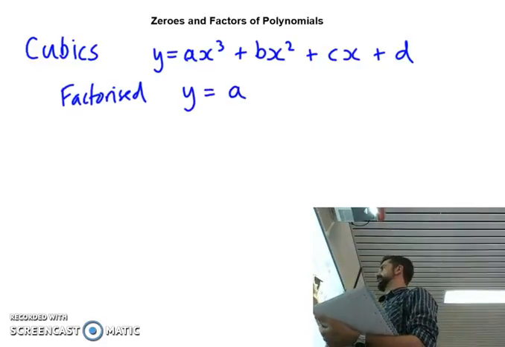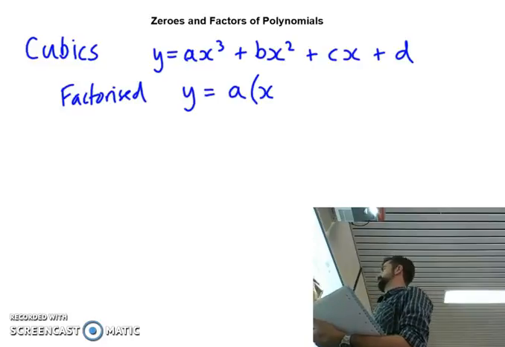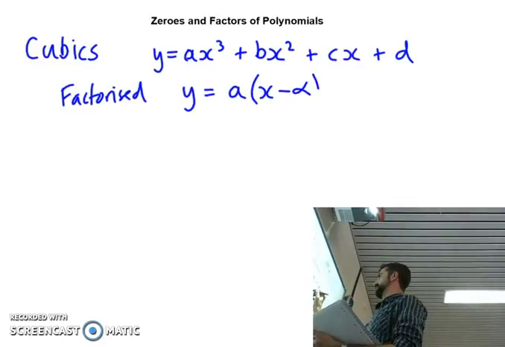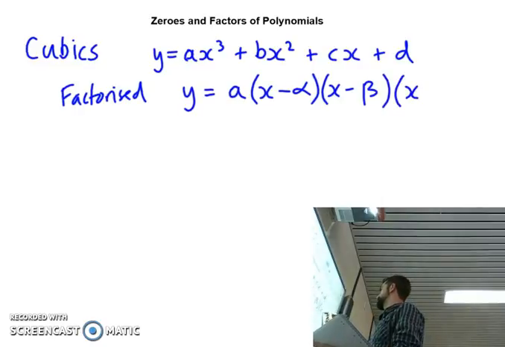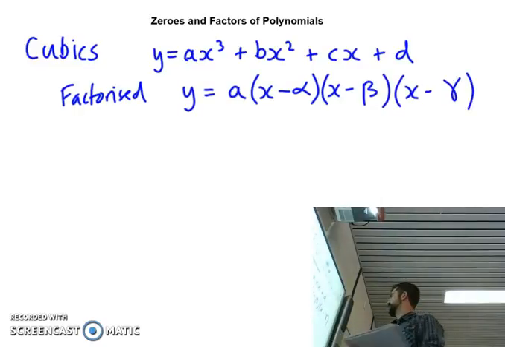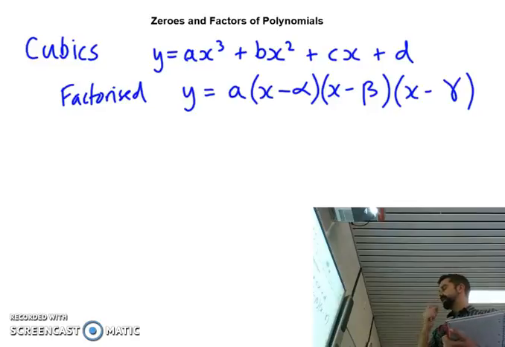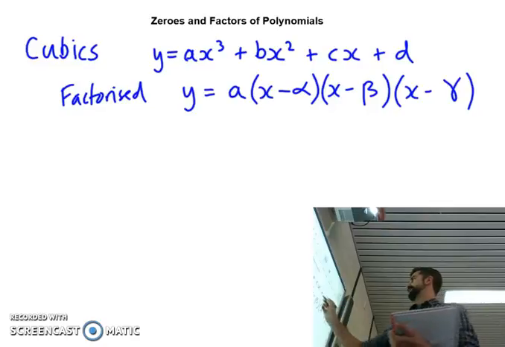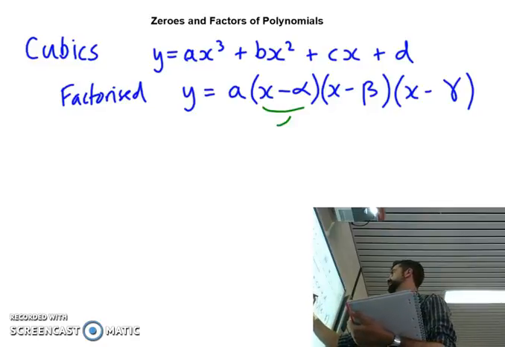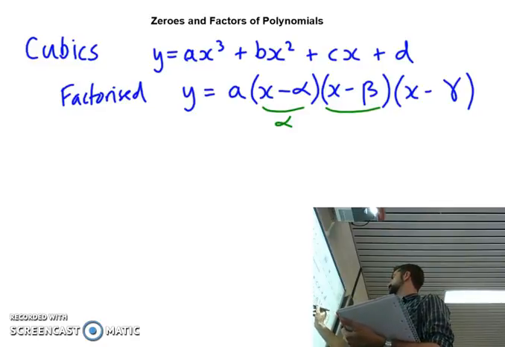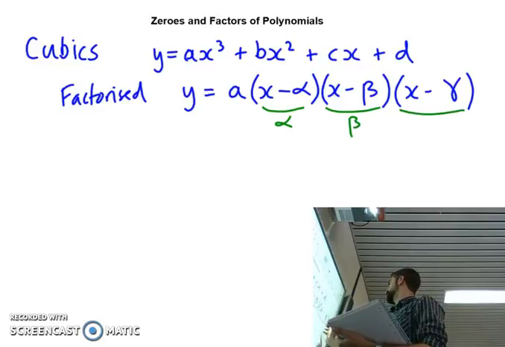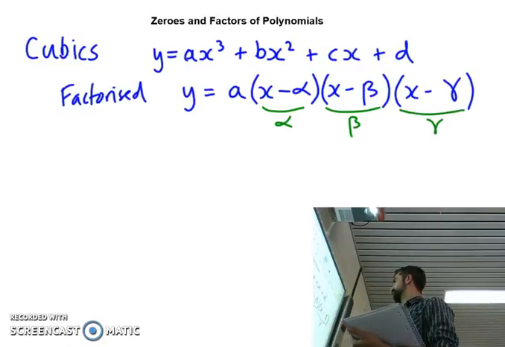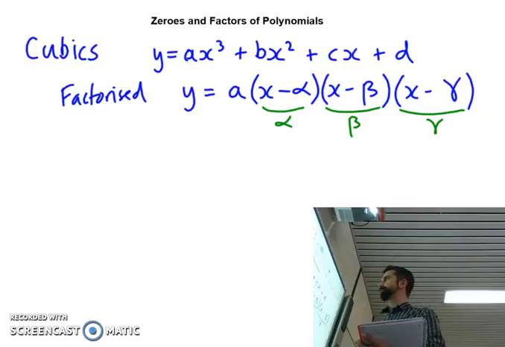It's y equals a, multiplied by all of the factors. So here I'm going to use x take alpha, x take beta, and x take gamma. And we know from our work with quadratics that these basically tell us the zeros. So the points where the cubic crosses over the x-axis are going to be alpha, beta, and gamma.